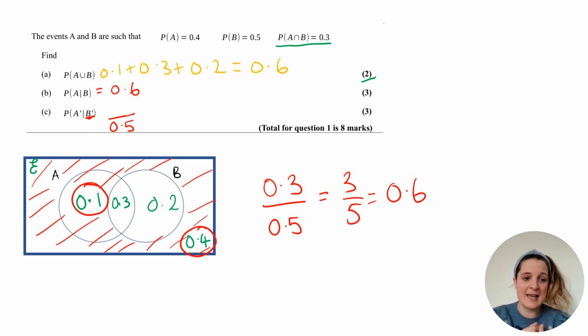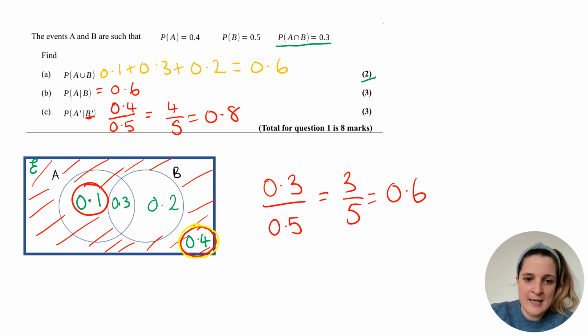And the probability of A not happening given that B's not happened. What's the only bit of my shaded area where A can't happen? So yeah, that is the 0.4 part. So that is going to become my numerator. So the probability of A not happening given that B's not happened is equal to 4/5, which is equal to 0.8. And that is as easy as that to get your full marks on a conditional probability question.